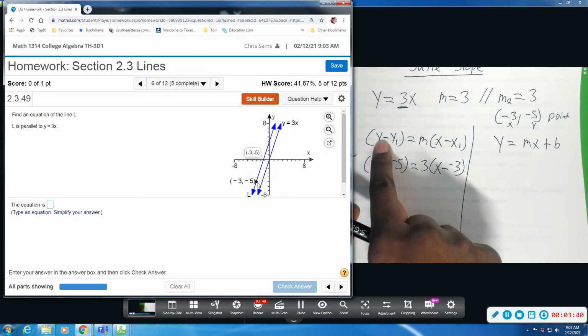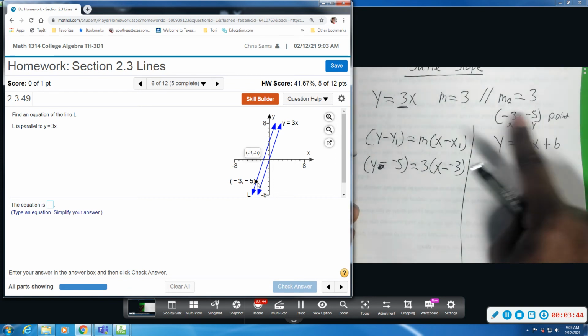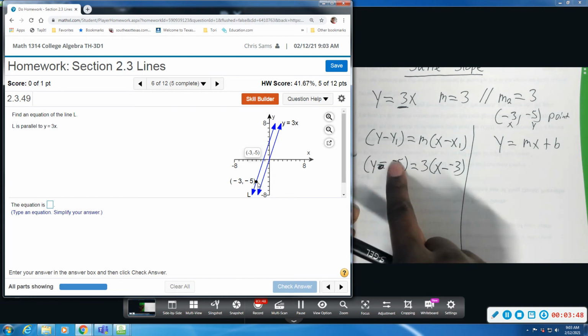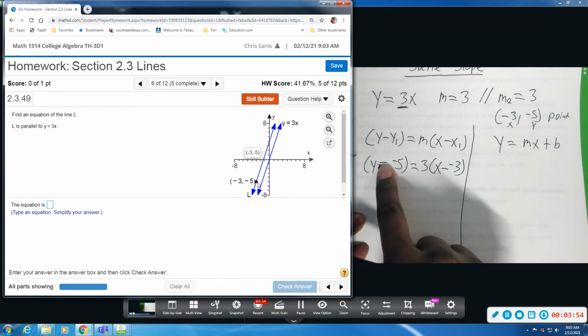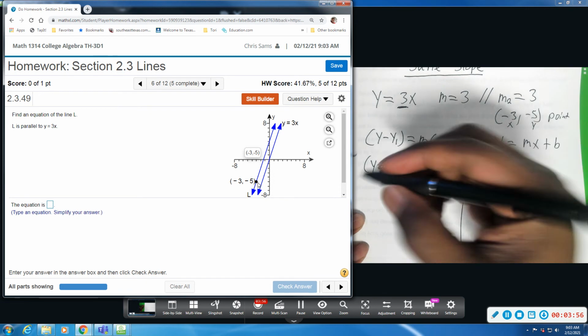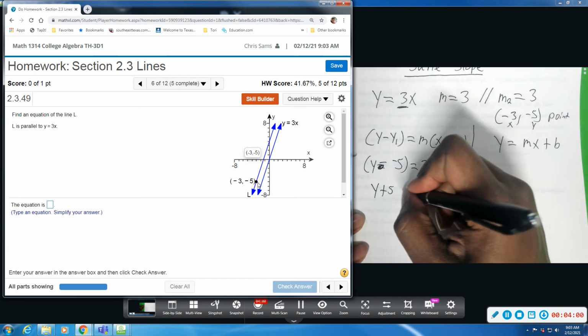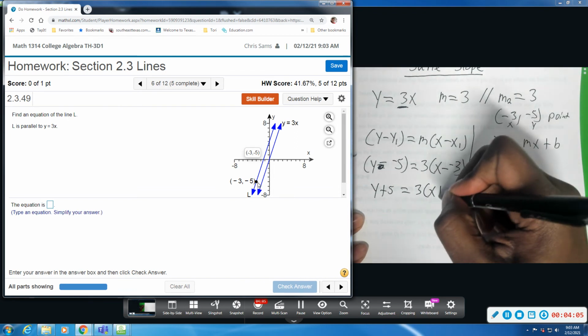The formula already has minus signs, and when you add those negative numbers, you have to add a second one. You've got to remember, negative times a negative is a positive. If you just write y minus 5, you're going to get it incorrect, because the minus is there, and you have to add that negative. So you end up with y plus 5 equals 3 times x plus 3.